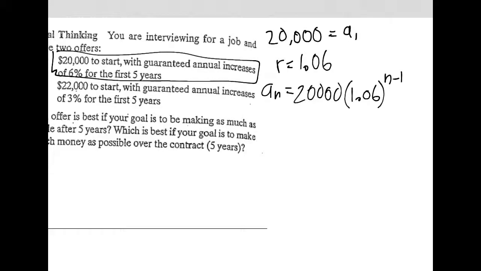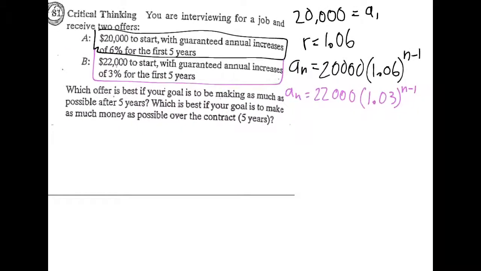But we also have option B right here, where we are starting with $22,000 and we are increasing by 3% each year, so our ratio there would be 1.03. And then now we have our 2 explicit formulas, and now we can talk about these 2 different problems.